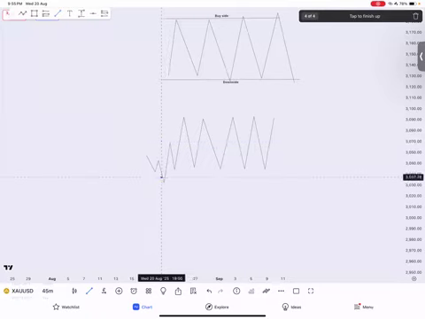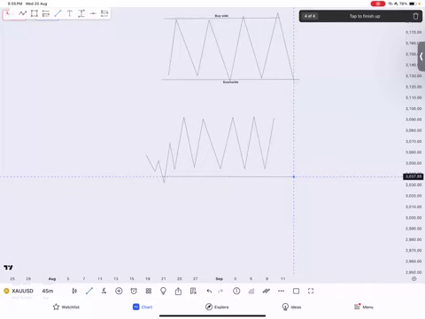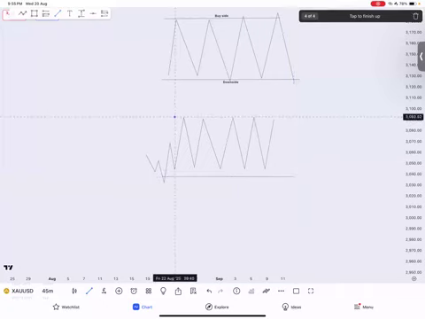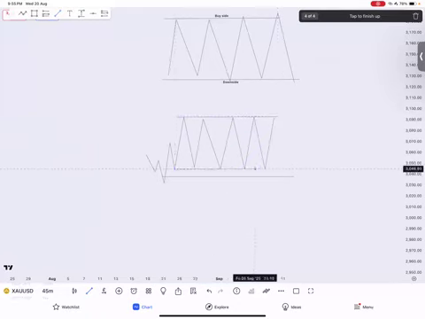So you already have your POI in order. Your POI is down here for a buy. Now up here will be your buy side liquidity, and down here will be your sell side liquidity.